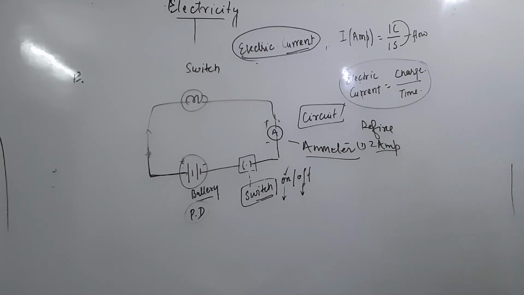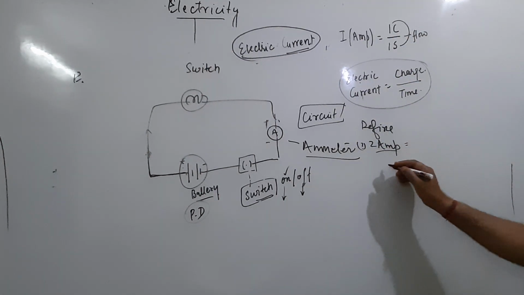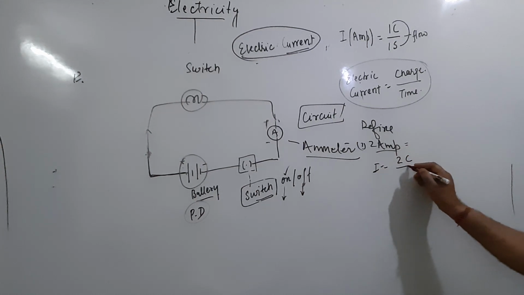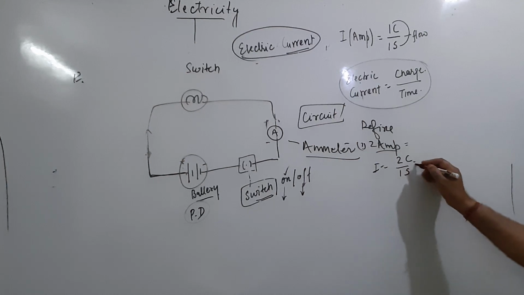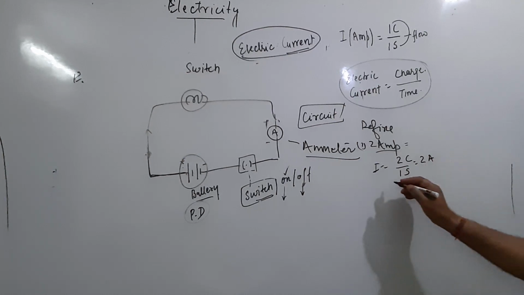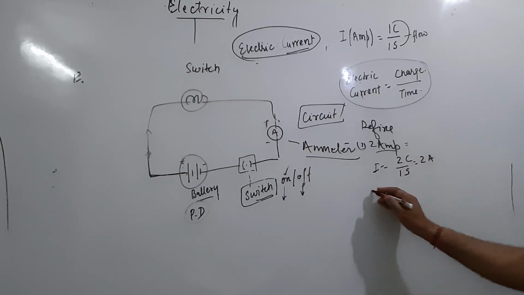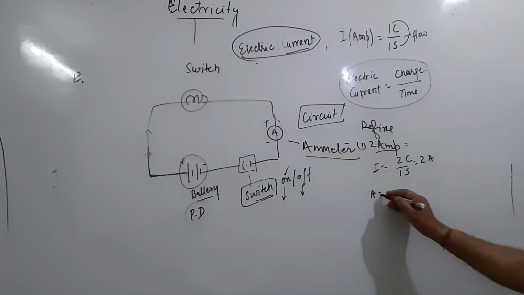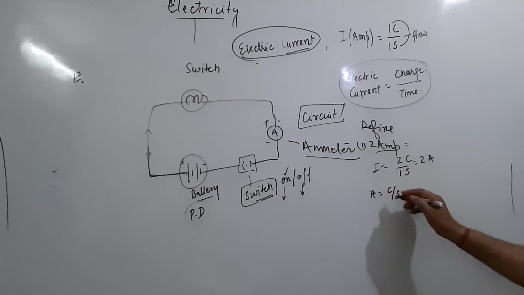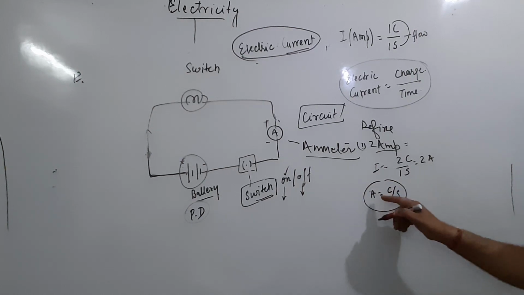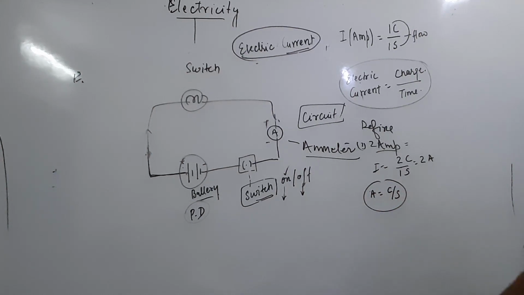Two ampere means when 2 coulomb of charge flow in 1 second. This ampere A is equal to C upon S. 1 coulomb of charge flowing in 1 second gives 1 ampere, equal to 1 C upon 1 S.